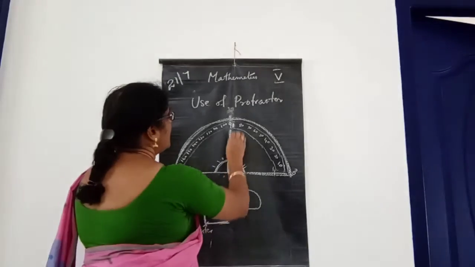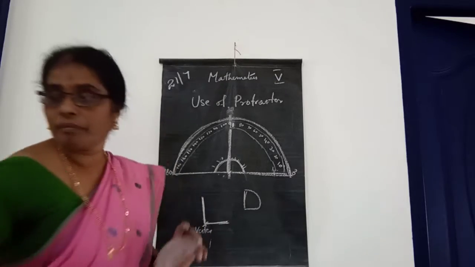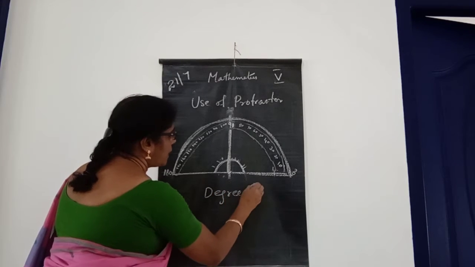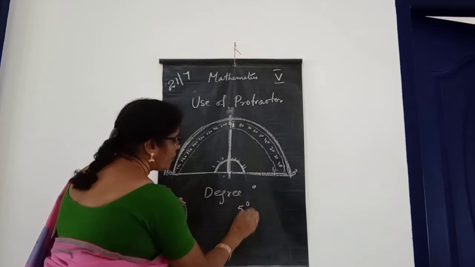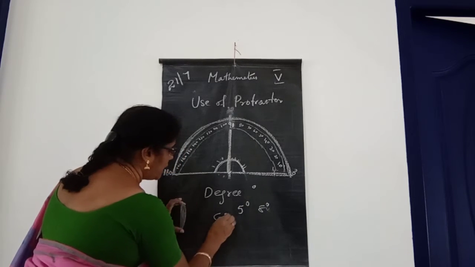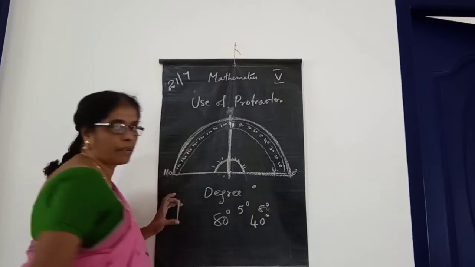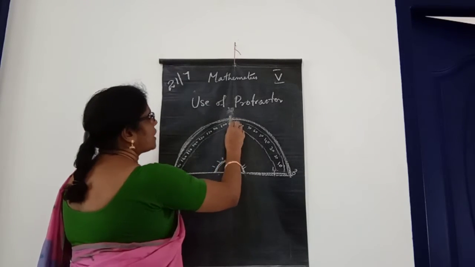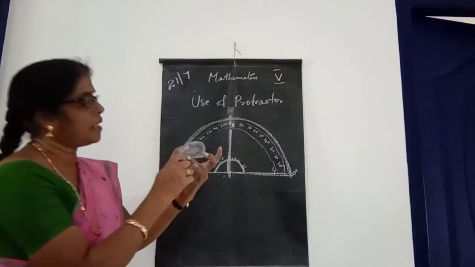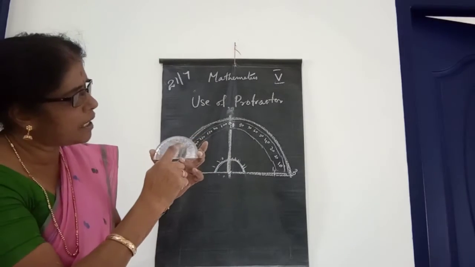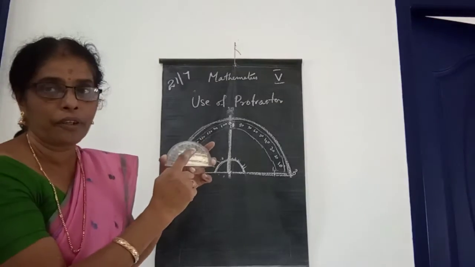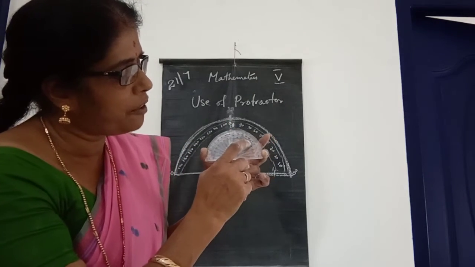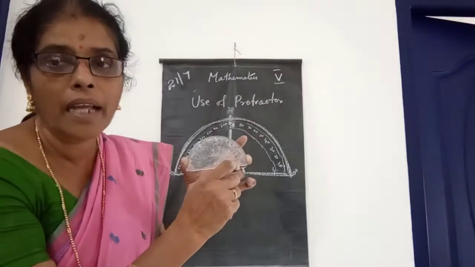And look here, this one is 90 degree. If you take your protractor, you can see 90, 80, 70, 60, 50, 40, 30, 20, 10 and 0 degree.